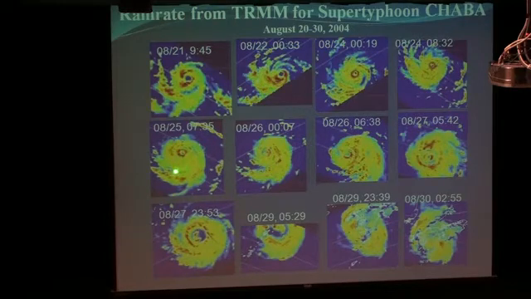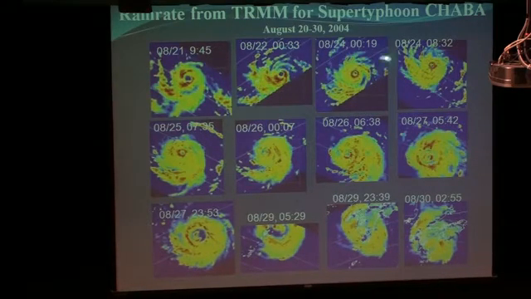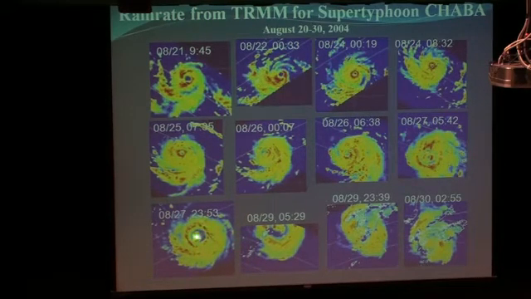That's the observed rainfall. You can see the size eventually more than doubles. One important feature is the development of the outer spiral rain bands at the beginning, and then the formation of the second eye wall feature, and then the replacement of the inner eye wall by the outer eye wall. So the storm size increased with time for this case.